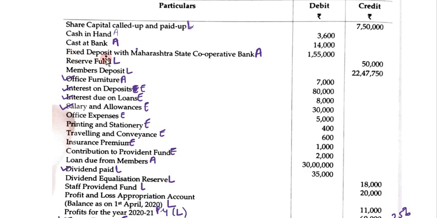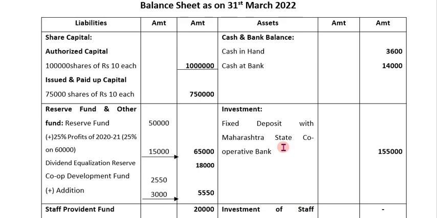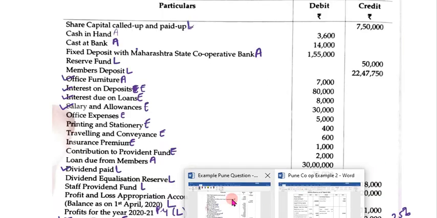Next is fixed deposit with Maharashtra State Cooperative Bank, that is 1,55,000. So this entry will come on the asset side. So under assets, in investments, write fixed deposit with Maharashtra State Cooperative Bank, 1,55,000. Now there is no adjustment, so write the amount in the outer column, 1,55,000.